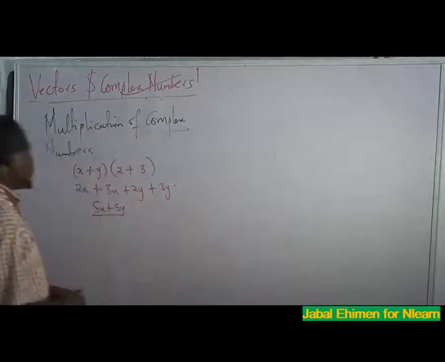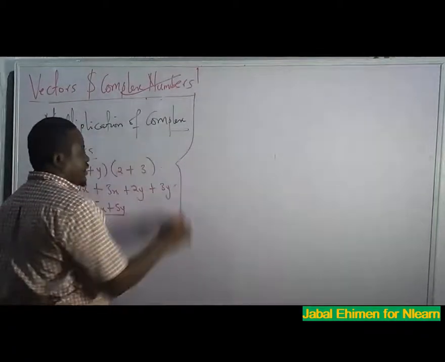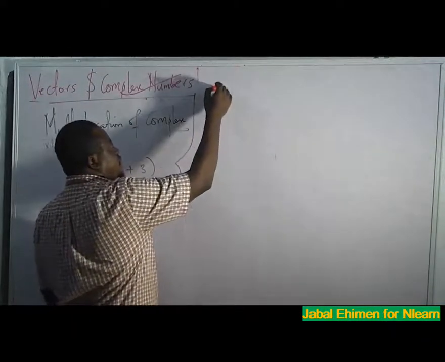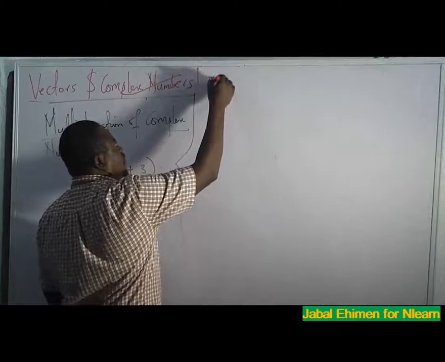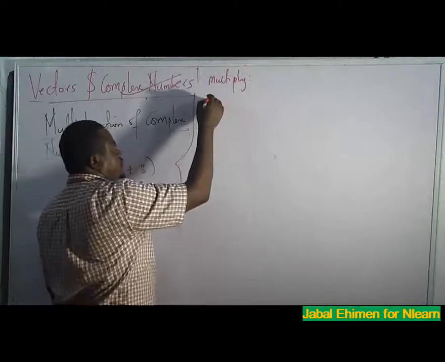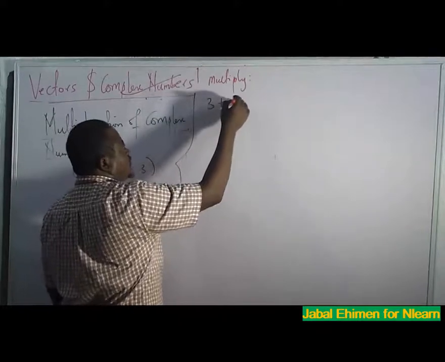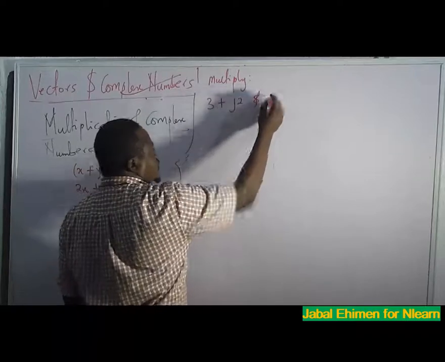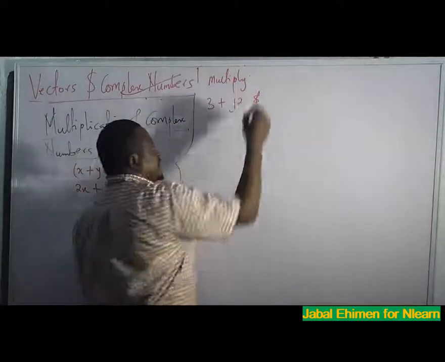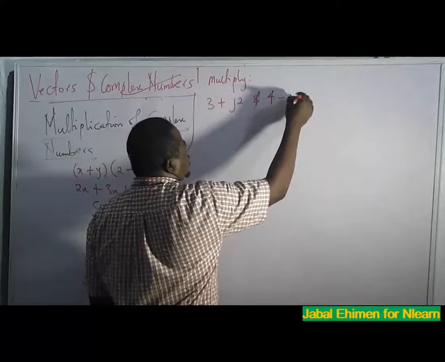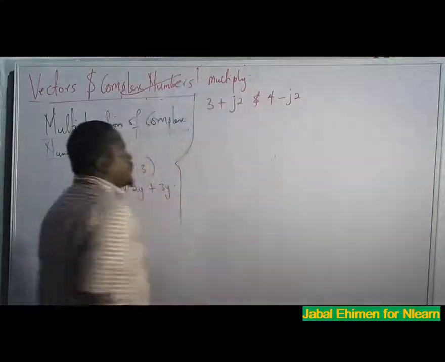Now, if it is complex numbers, it's simple. If you are asked to multiply 3 plus J2 and maybe you are having 4 minus J2. Now what do you have?